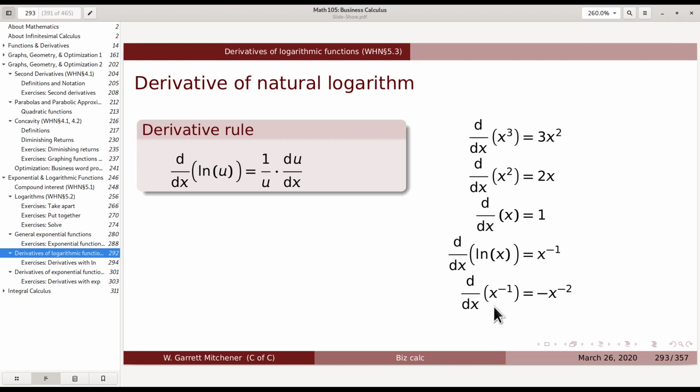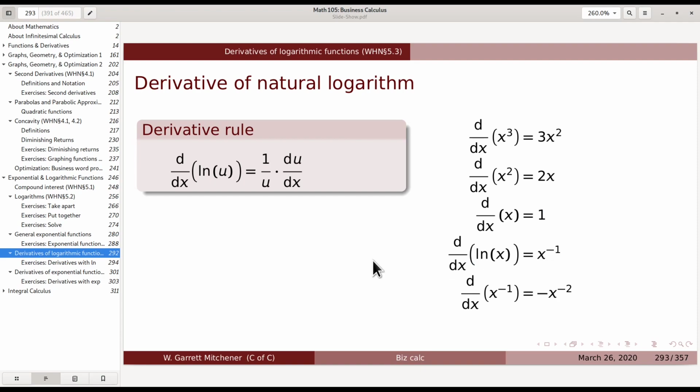And then the derivative of x to the minus 1 has an x to the minus 2 in it. What that means is that from the power rule, it's not possible to construct a function whose derivative is just power minus 1. So one of the mysteries that was solved once the logarithm function was developed was now we have a function whose derivative is x to the minus 1. And so that's what you're seeing right here.